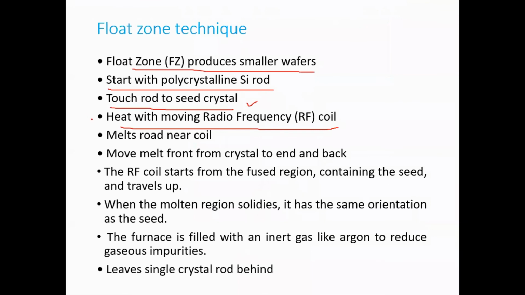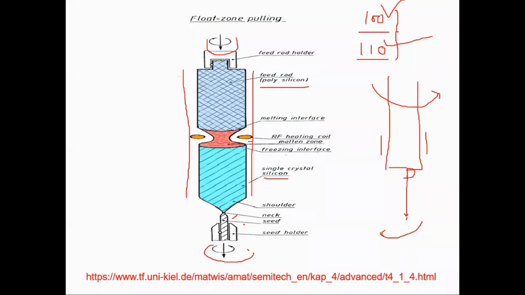It melts near the coil and moves the melt from the crystal to and then back. The RF coil starts from the fused region containing the seed and travels up. It starts from here and moves in this direction. Also, three kinds of movements are there.